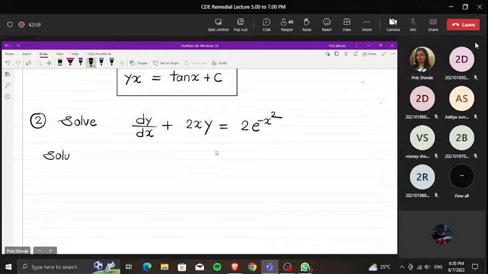Solution. I am directly writing because already it is in standard form. P is 2x and q is 2e raised to minus x square.